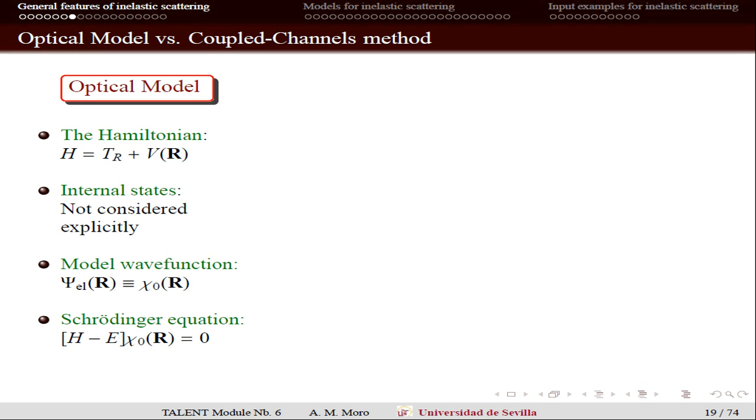Just to summarize what we have seen so far. In the optical model that you have seen the previous days, you have a Hamiltonian of this kind. There is no explicit mention of any internal coordinates. So this V should be understood as some effective interaction.